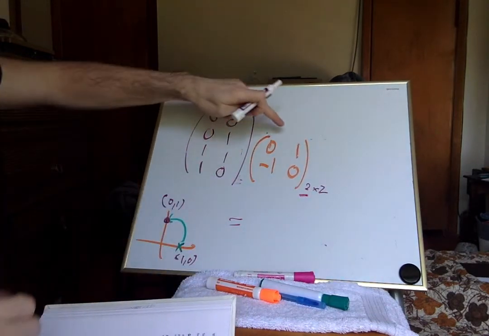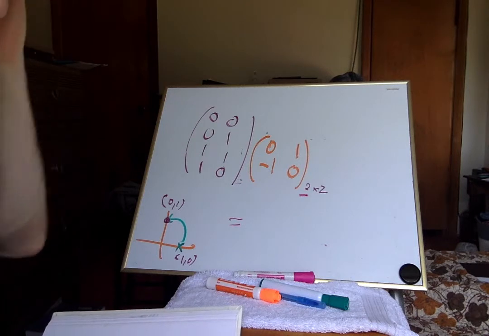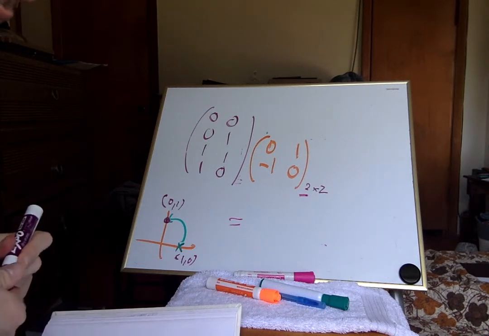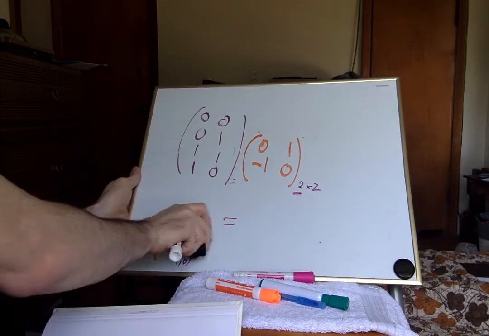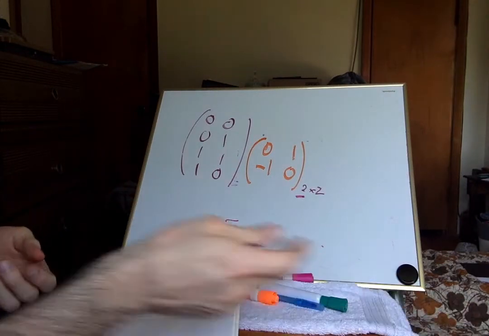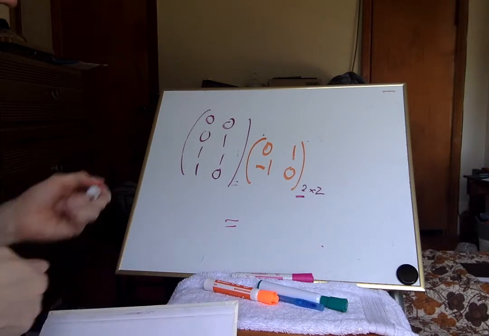And they don't use this matrix because they let theta equal pi over 3. When theta equals pi over 3, the picture is more complicated, okay? Because you're rotating by pi over 3 degrees, and that's, let's be frank, it's a lot more confusing, okay?